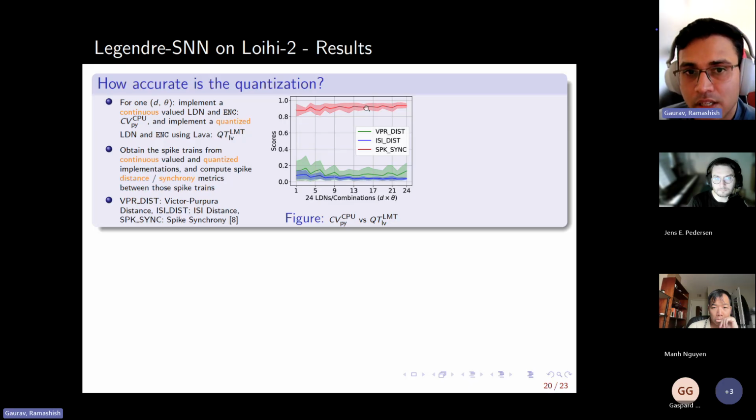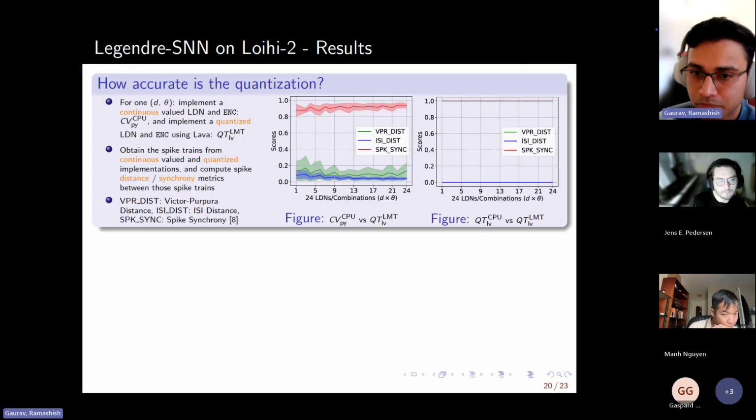Here you can see the red broken line is pretty close to 1, and the VPR dist and the ISI dist lines are also pretty close to 0. That means pretty accurate quantization was happening on the Lakemont cores compared to their continuous valued implementations.